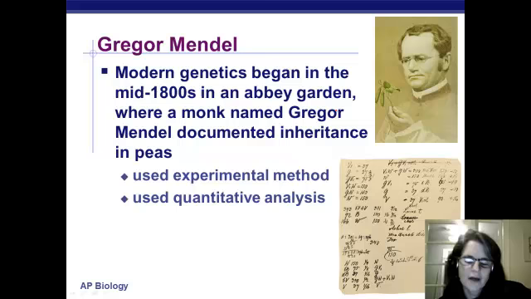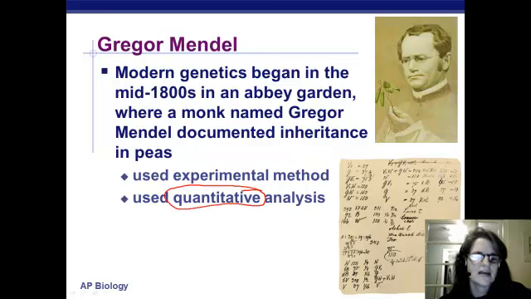Additionally, he used quantitative analysis. Most experiments that were being done at that time used qualitative, subjective, this person's pretty, this person's not, whatever, and only had a few subjects to analyze. He used quantitative analysis where he counted his pea plants. How many showed purple? How many showed white? How many were tall? How many were short?